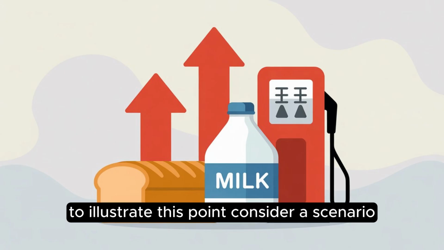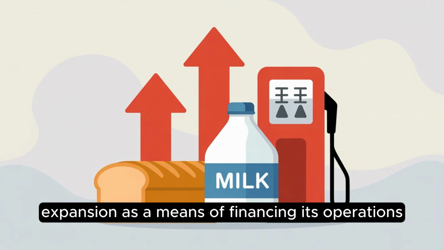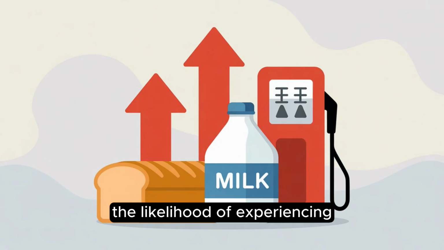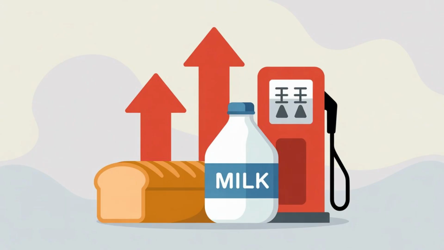To illustrate this point, consider a scenario in which a government operates with significant deficits and utilizes monetary expansion as a means of financing its operations. Under such circumstances, the likelihood of experiencing elevated inflationary pressures is considerably heightened.